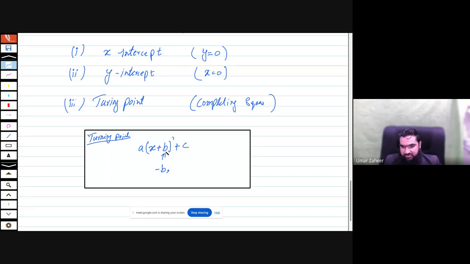You have to take the opposite sign. If it is, for example, plus 2, you have to take minus 2. If it is minus 2, you have to take plus 2. And c is the y value of the turning point.